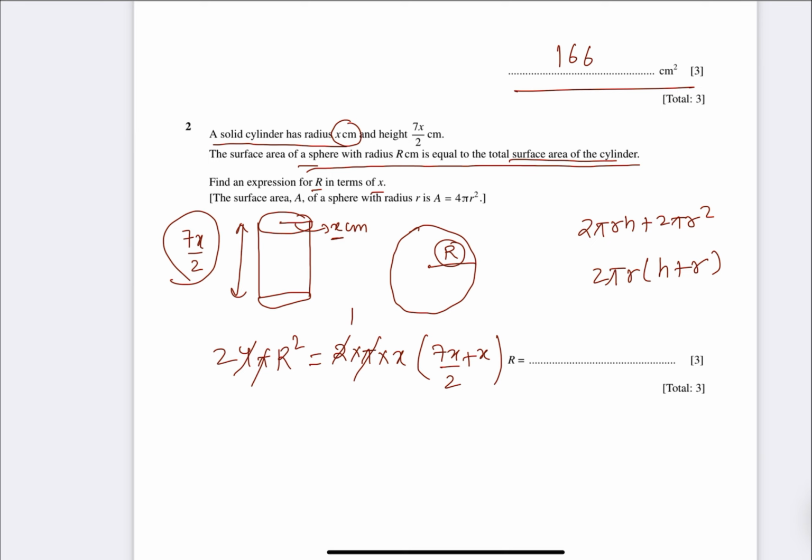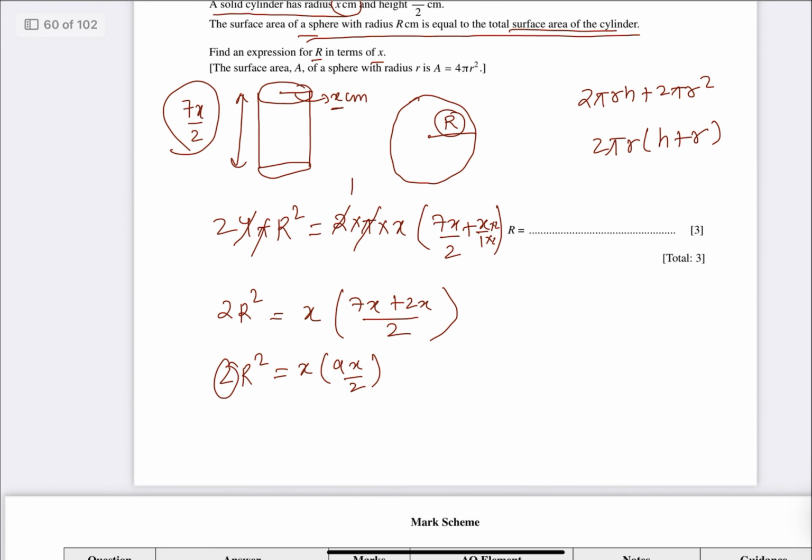So it would be 2r square equals x into (7x plus 2x upon 2). How come 2x? This was x. We took the LCM, so multiply both of them by 2. So this will become 2r square equals x times 9x by 2.